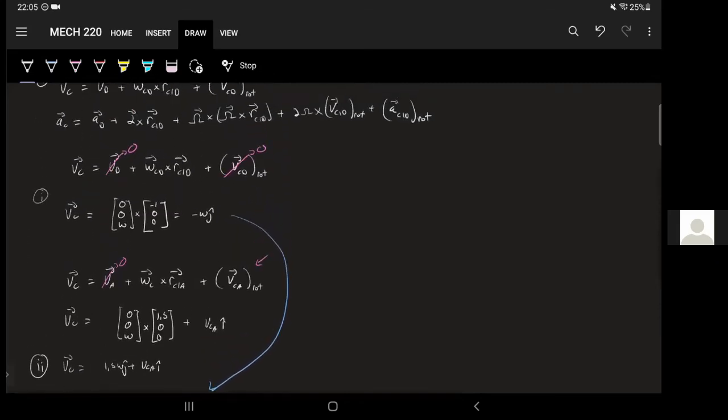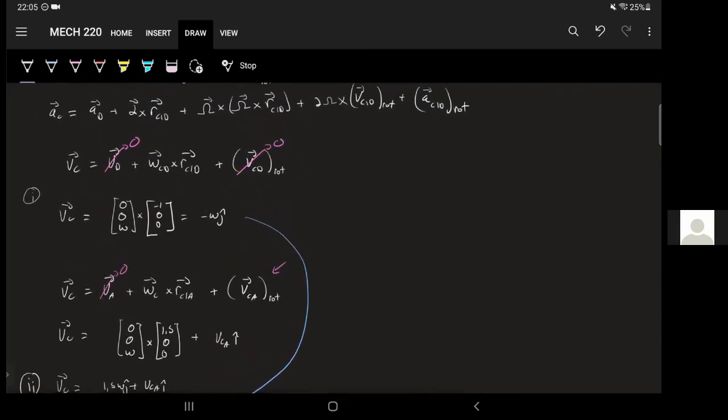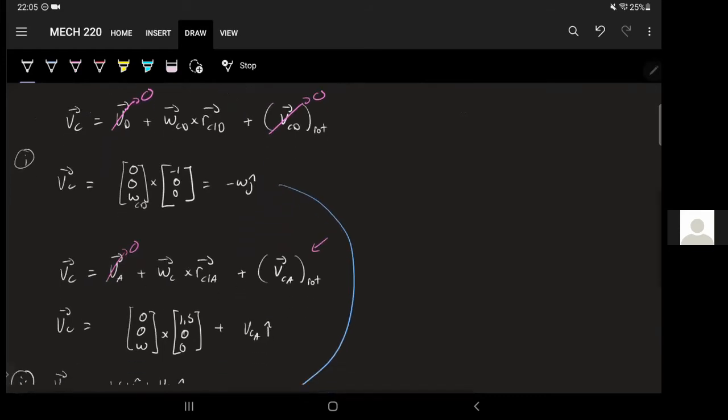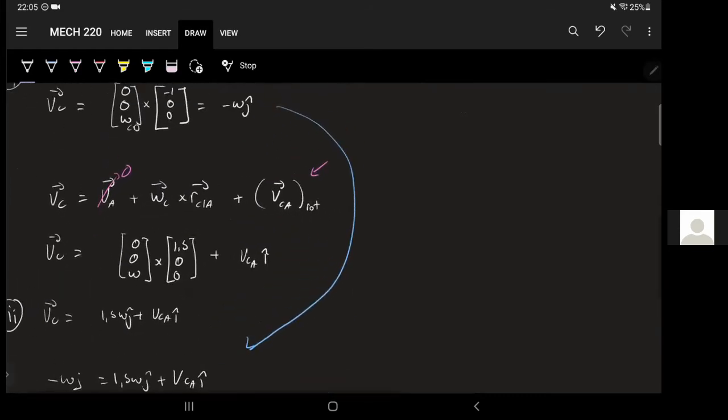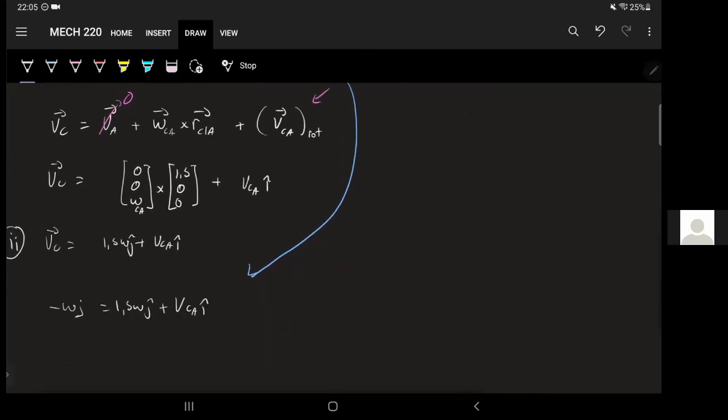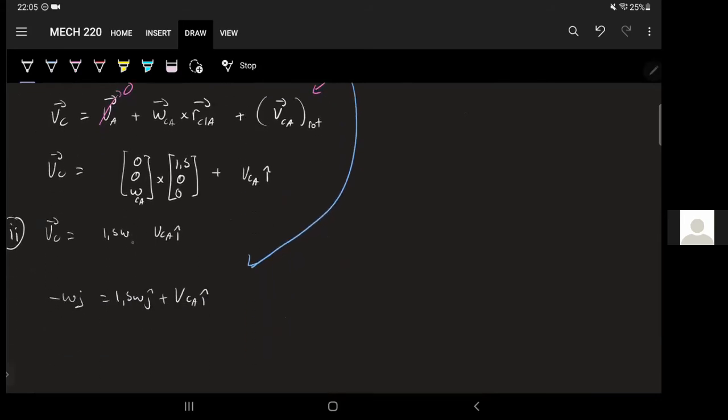Important thing, I should have been more careful here. This is omega CD, and this one here is not CD, it's CA. So these are two different omegas.